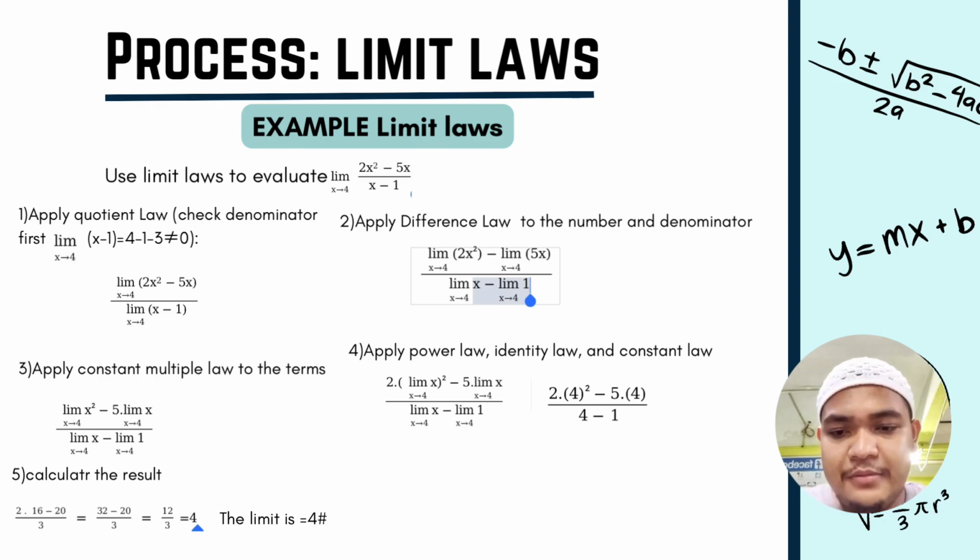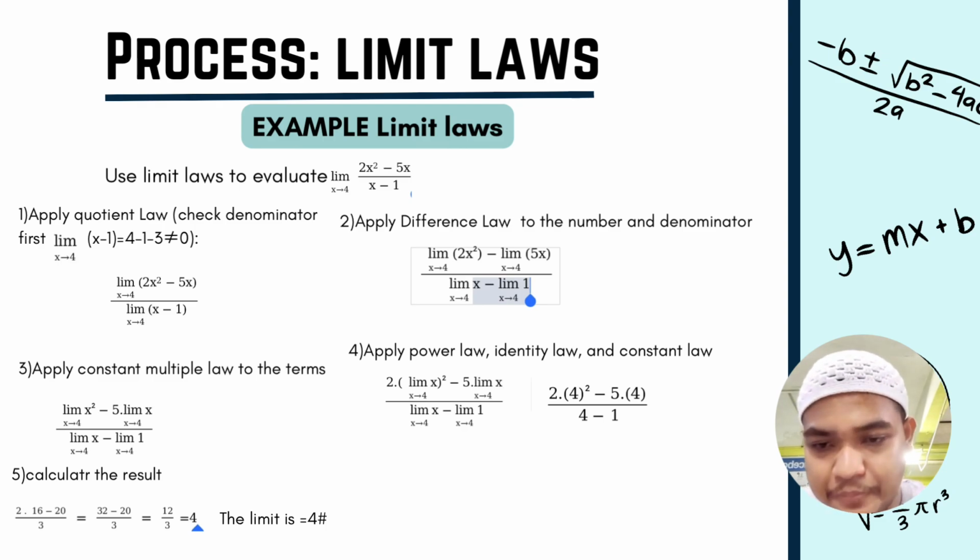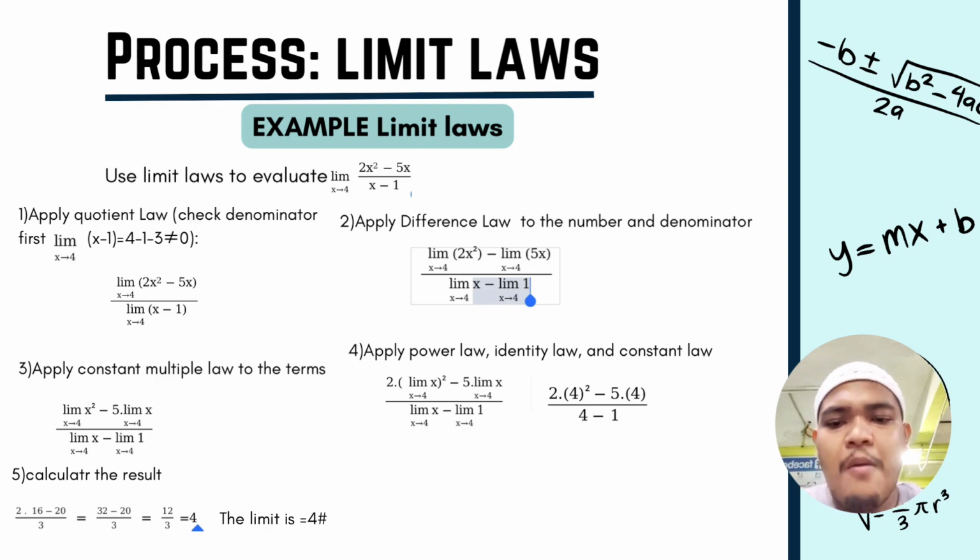Calculate the result: 2 times 16 minus 20 over 3 equals 32 minus 20 over 3 equals 12 over 3 equals 4. So the limit is 4.